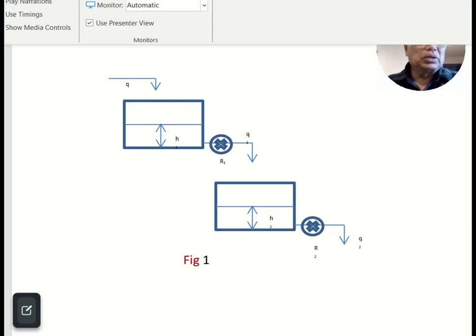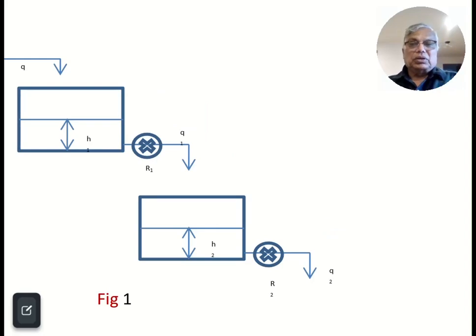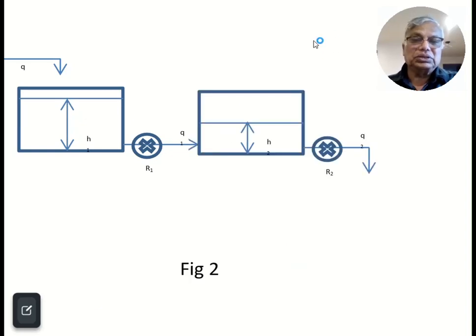Now if you take two tanks, they can be connected in two ways. One is as shown in this figure, and another one is this way, figure 2. This is first and this is next.